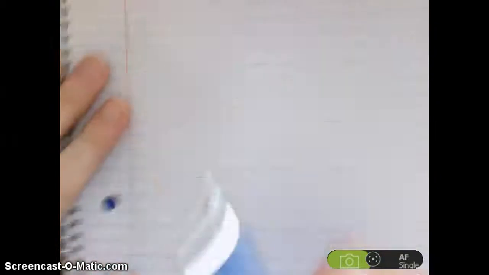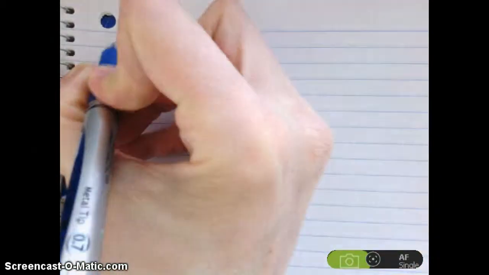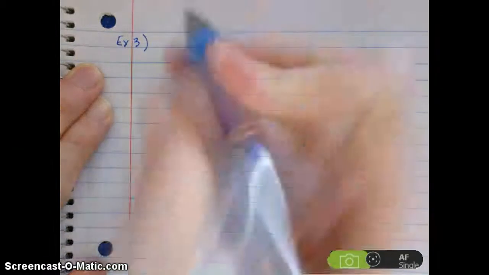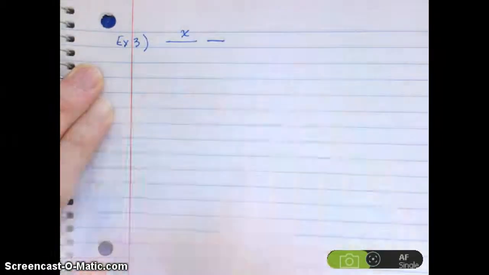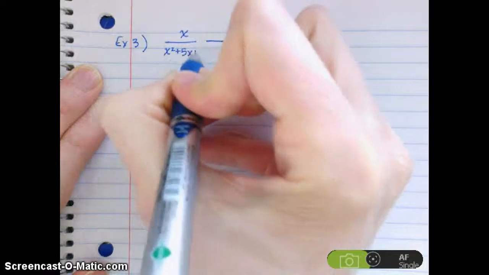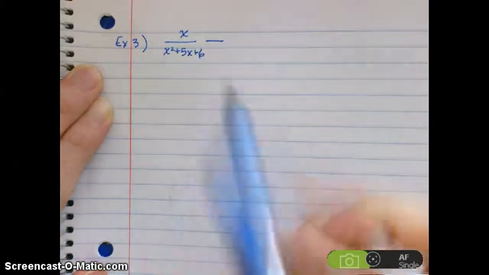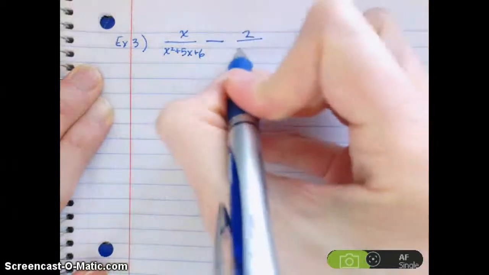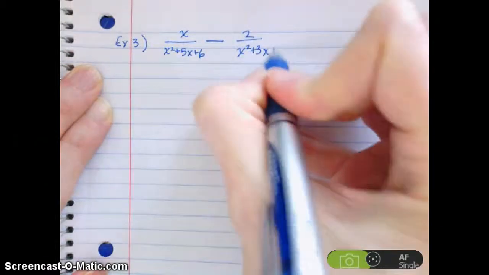Example 3, subtract x over x squared plus 5x plus 6 minus 2 over x squared plus 3x plus 2.